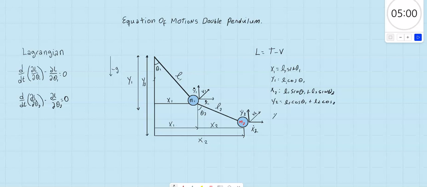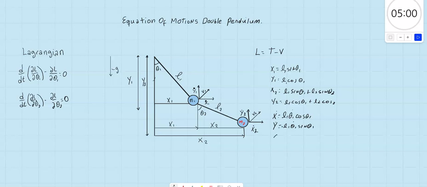Now I want to find my velocities. My x1 dot will be L1 theta 1 dot cosine theta 1. My y1 dot will be minus L1 theta 1 dot sine theta 1.